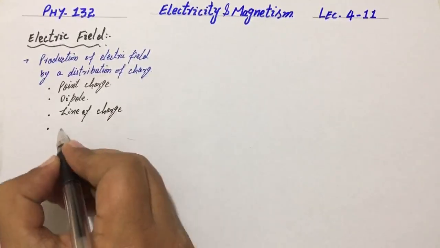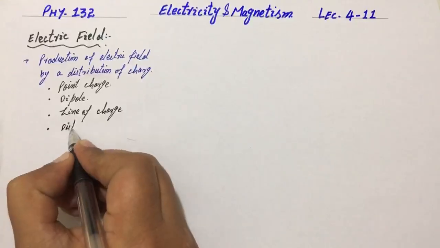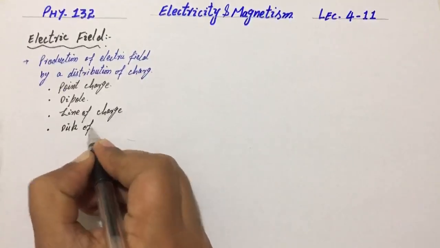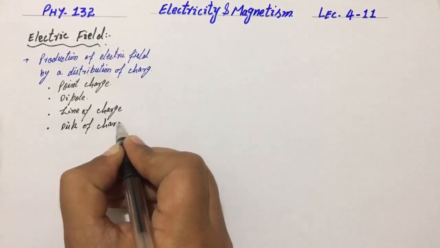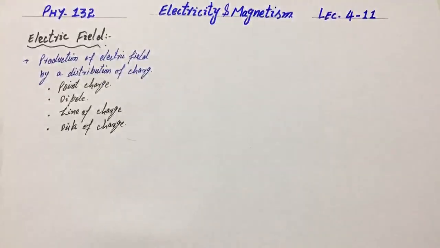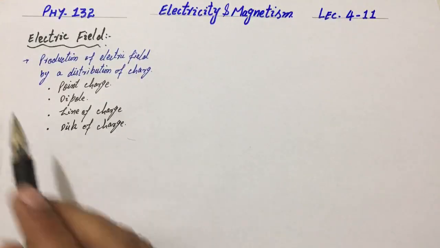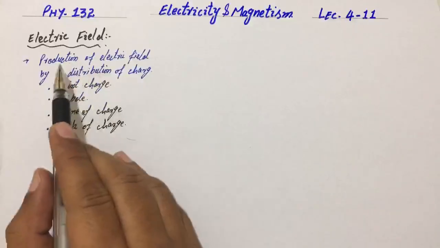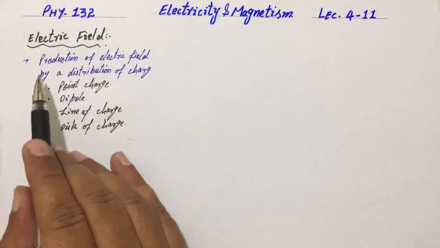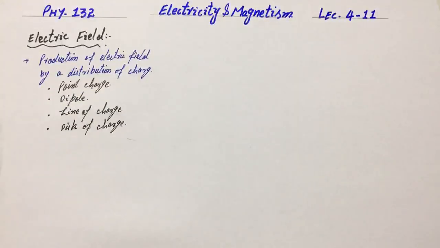And lastly, the disk of charge. So these are the articles that we have discussed so far under the first umbrella of the electric field, in which we discussed the production of electric field by a distribution of charge, what kind of electric fields are generated by a single charge or different charge distributions.